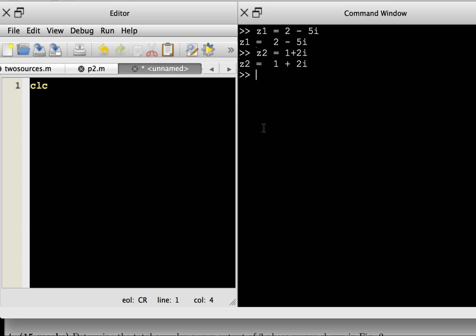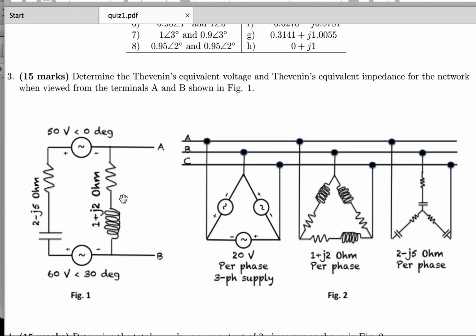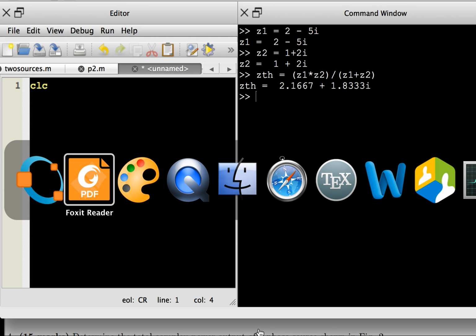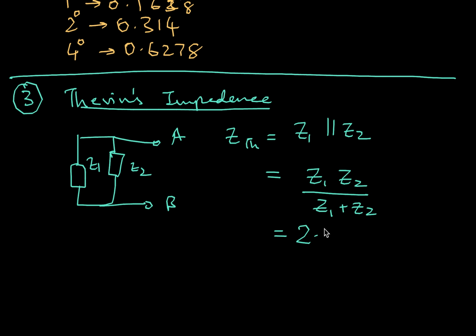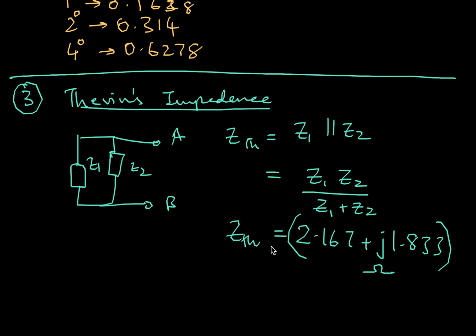So now I have ZTH equal to Z1 into Z2 divided by Z1 plus Z2. As simple as that. 2.167 plus J1.833. So this is my Thevenin's impedance.